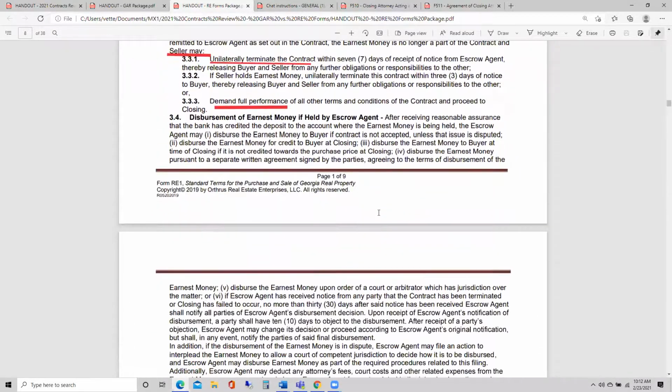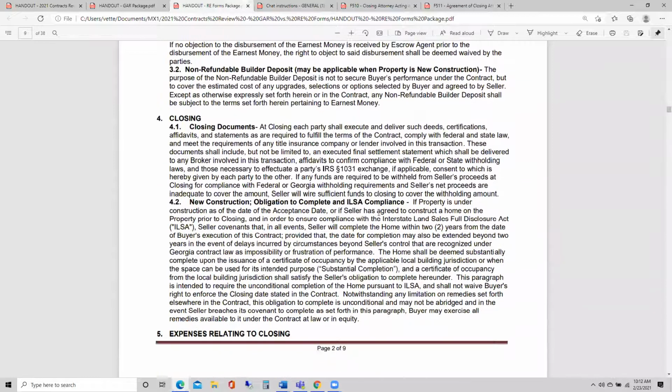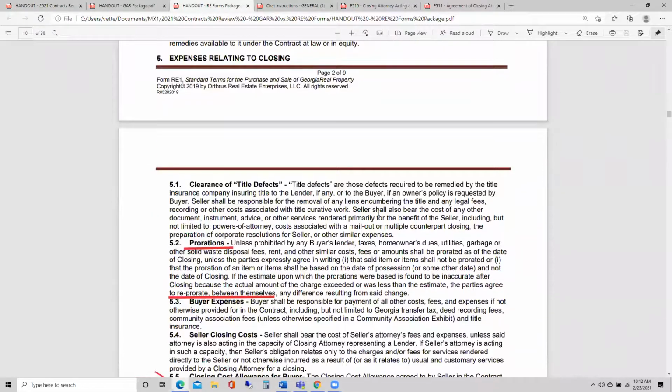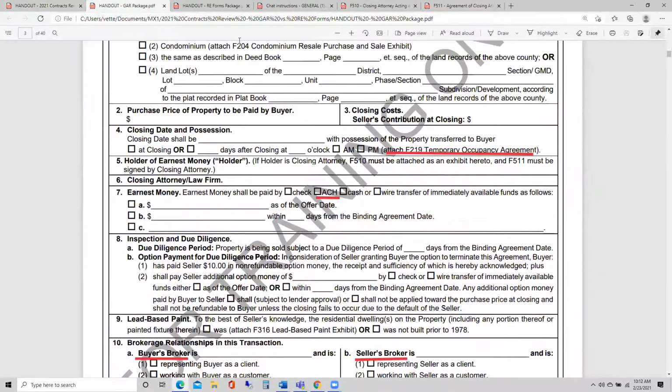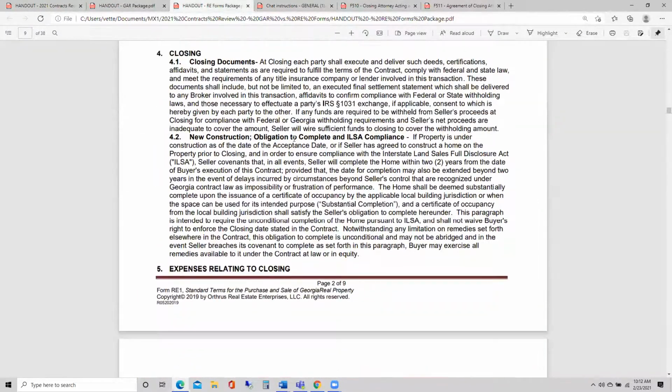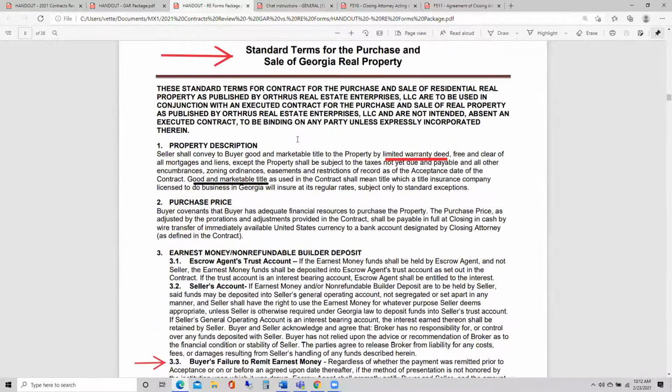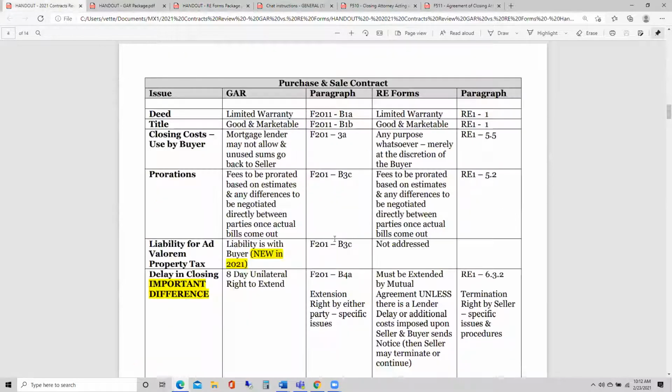It's RE11. Okay, I missed it, very beginning. It does state the seller shall convey to the buyer good and marketable title by limited warranty deed, and then it defines what good and marketable is. So that is the same in both of them.